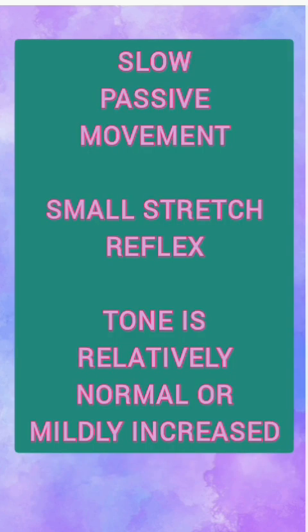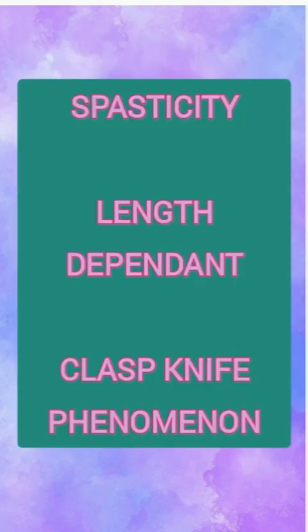When we give a slow passive stretch to a muscle that's having a lesion in upper motor neurons, the stretch reflex tends to be small and the tone may be perceived relatively normal or just increased. Besides the dependence on velocity, spasticity is also a length-dependent phenomenon.